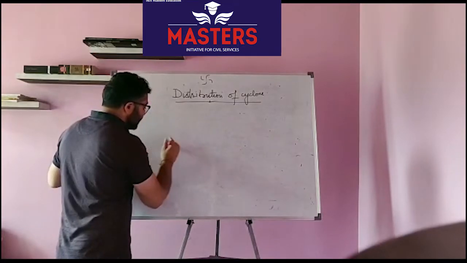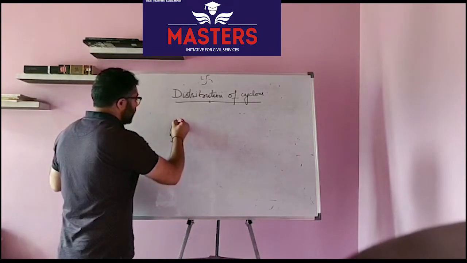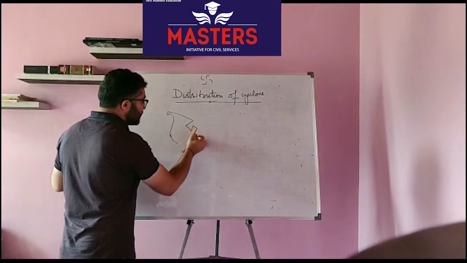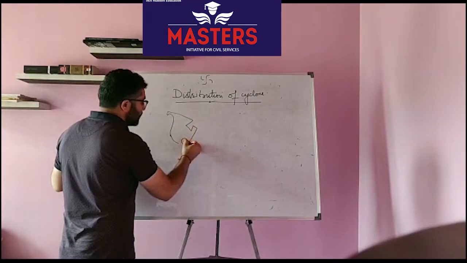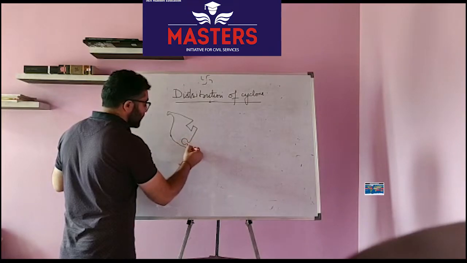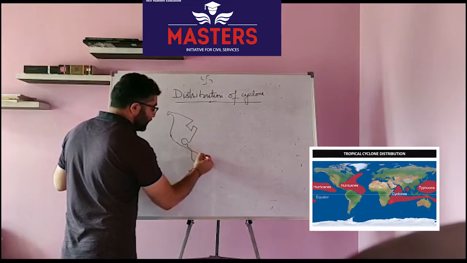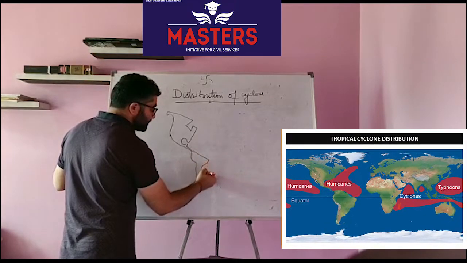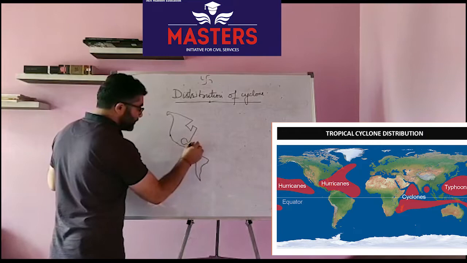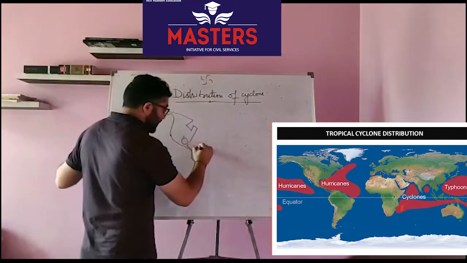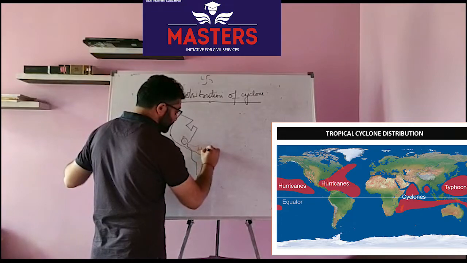these are located along the eastern part of USA, in this Florida coast or the region near the Gulf of Mexico, this region, where these cyclones are called hurricanes.